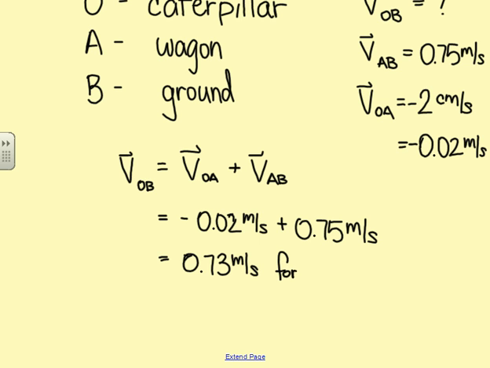The direction is forward, or the same direction as the wagon was moving.